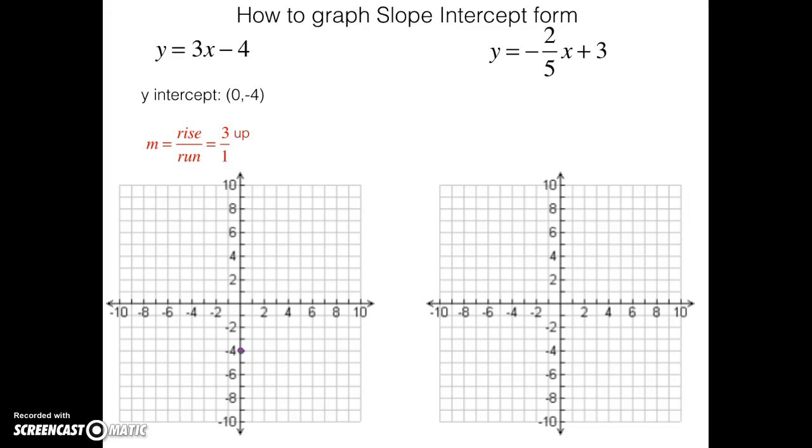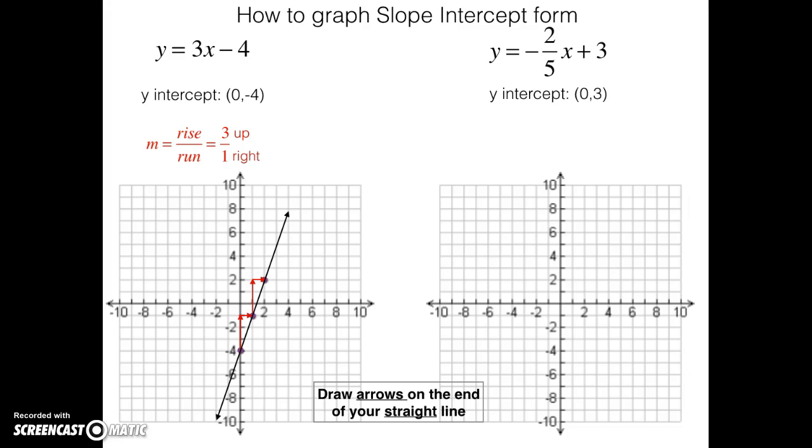The slope is 3, so we're going to go up 3, to the right 1, and plot the next point. And then we will do this again, go up 3 over 1, plot another point, and connect the points in a straight line. When you draw your linear graphs, you need to draw arrows on the end of a completely straight line.